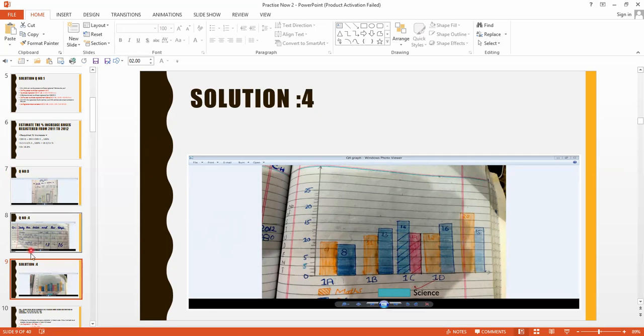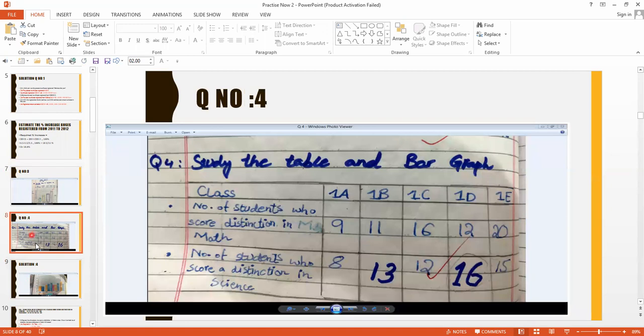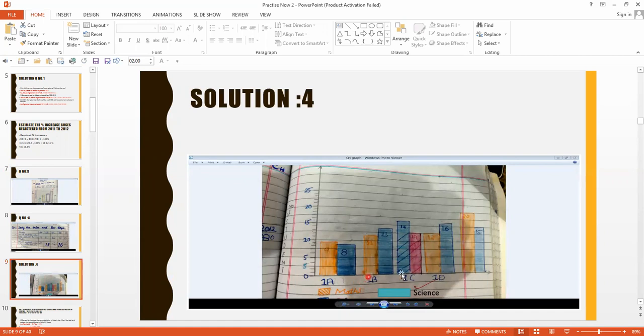And according to this table, for class 1B, the distinction in science is not given. So how do I have to write it here? Look here, in 1B in science, I use this blue color for science.